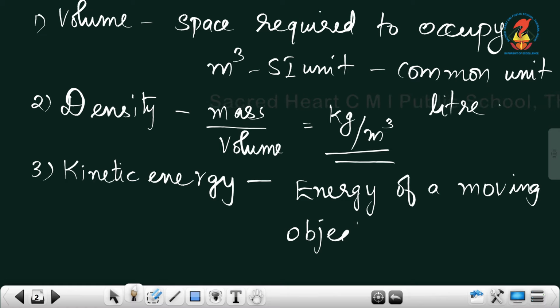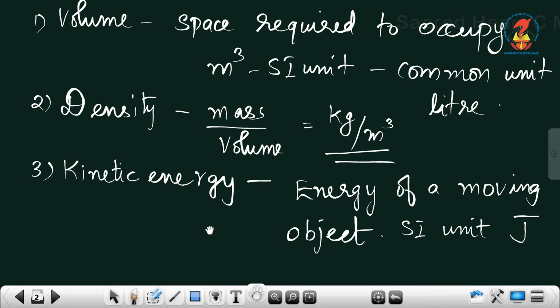Any material, if it is in motion, then the energy possessed by that object is known as kinetic energy. If it is moving fast, kinetic energy will be more. If it is moving with less speed, then kinetic energy will be less. The SI unit of kinetic energy is joule.